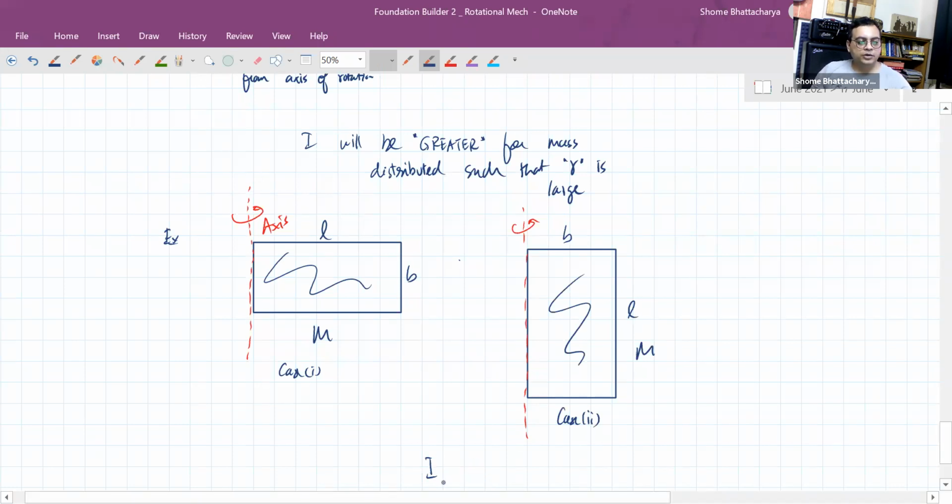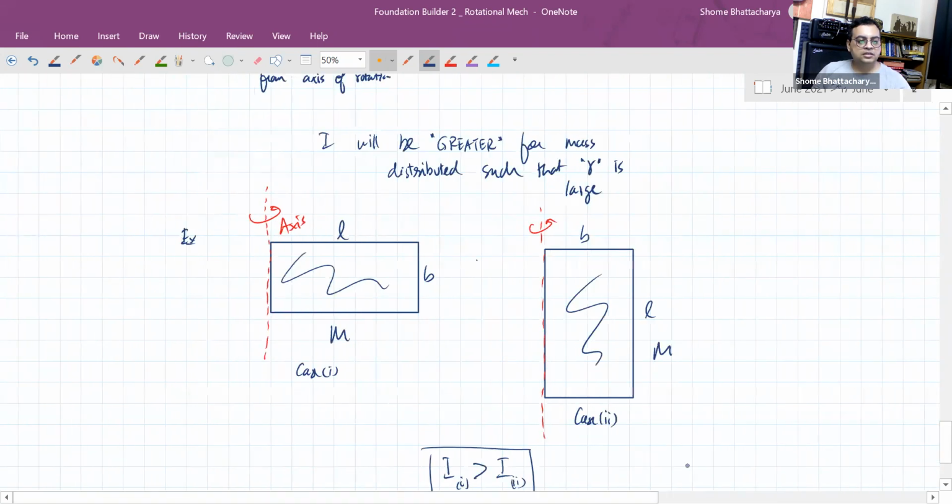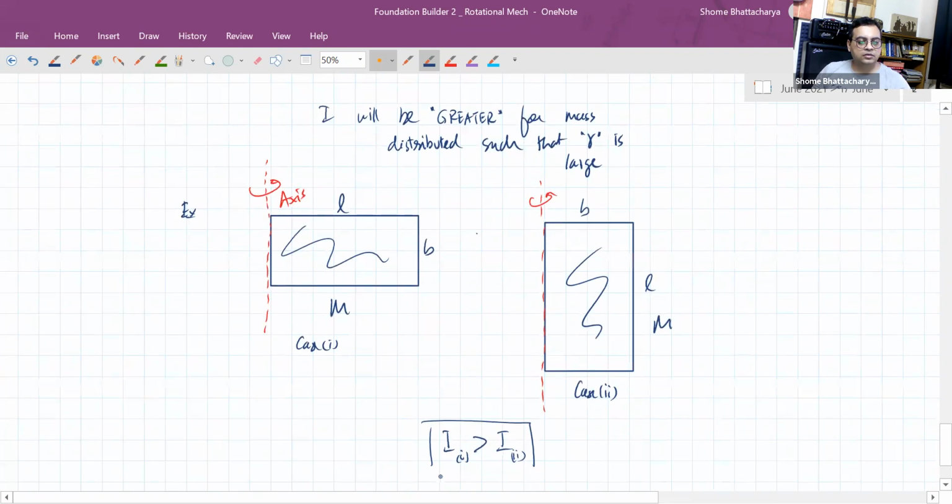So moment of inertia in case 1 will be greater than moment of inertia in case 2, because you can see that the distribution of mass is further away from the axis of rotation in case 1.